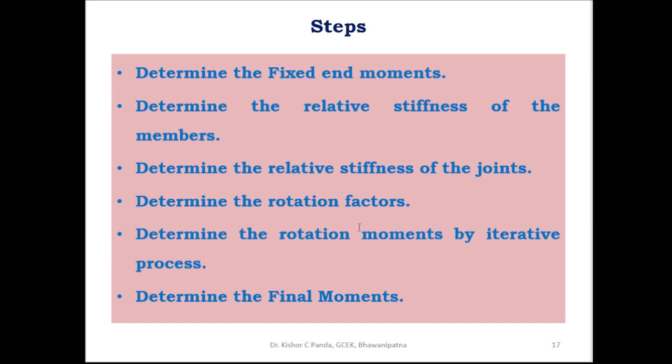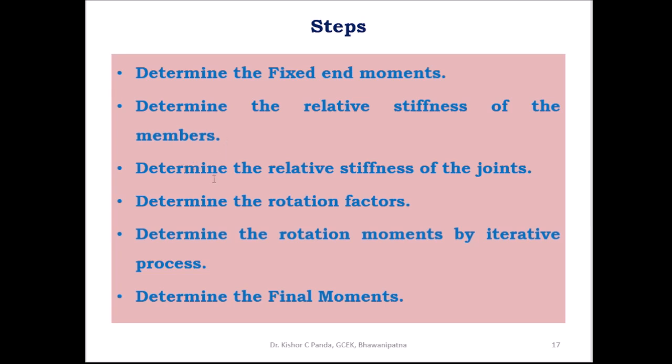Then coming to the step-by-step procedure to solve a continuous beam or frame without translation of joints. These are the steps. The first step: assume the ends are fixed and determine the fixed end moments. In the second step, find the relative stiffness of the members.